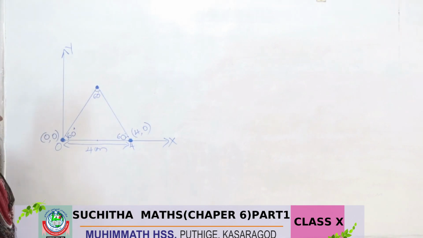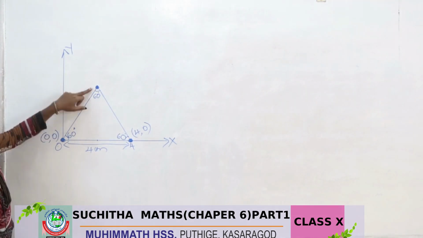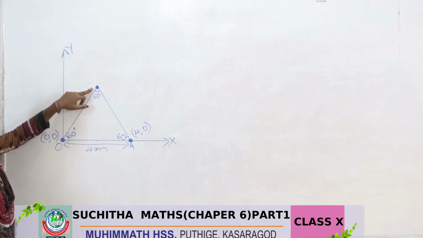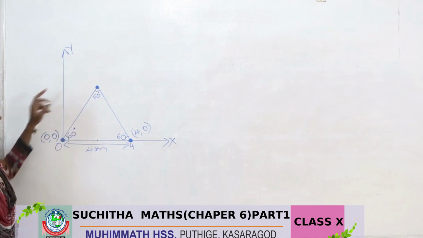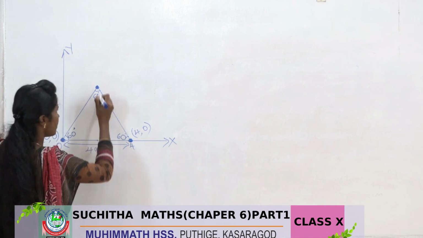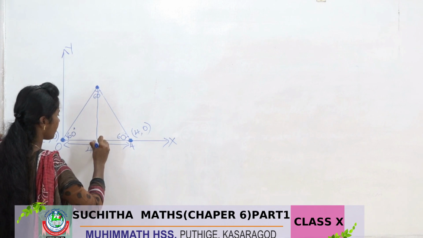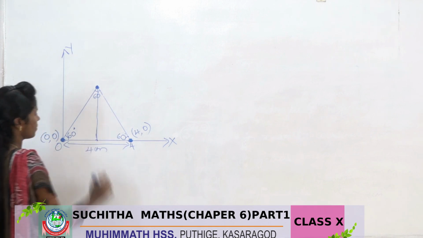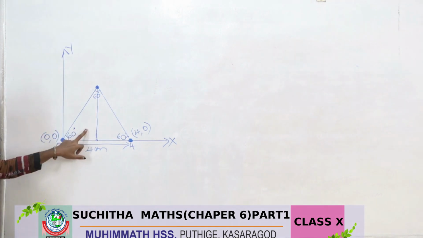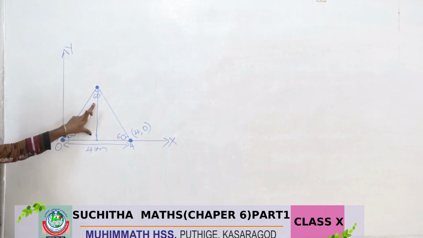Then the third vertex. What is the coordinate of this point? So here x coordinate is not there and y coordinate is not here. So first draw a perpendicular line. Since it is an equilateral triangle, this perpendicular line bisects the base.